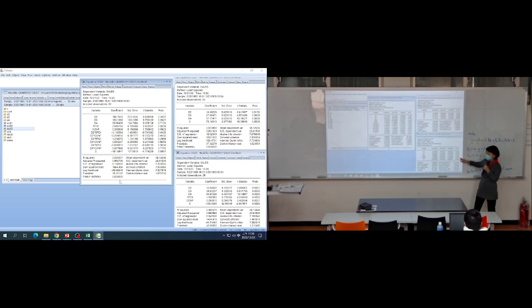Okay? And with these two extra numerical variables added, these three seasons are still important, significant, and the numbers do not change much from the original one. Okay? So season factors are important too.